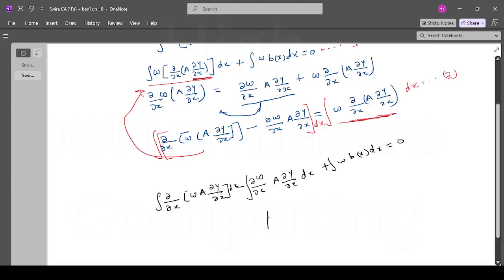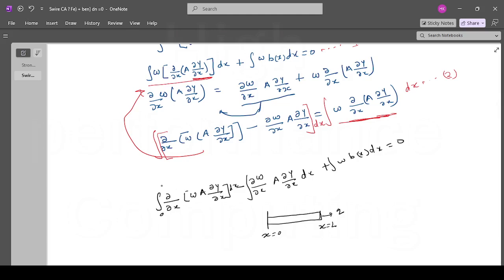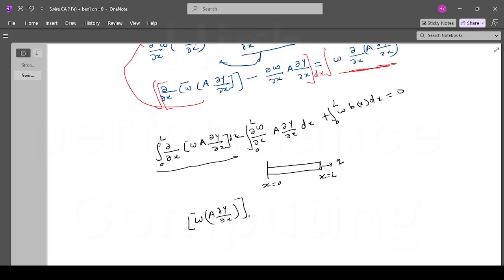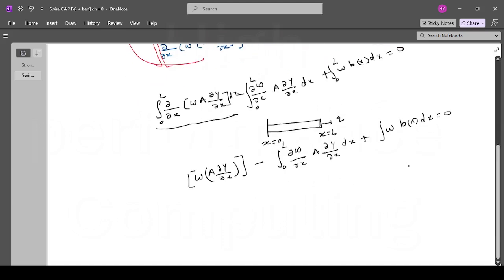Let's say there is a boundary condition I have told you, q, at x equal to 0 and x equal to L. So integrate from 0 to L. The integration of these terms will become omega a del y by del x, minus the integral from 0 to L of del omega by del x a del y by del x dx, plus the integral of omega bx dx equals 0. Here the limits are also 0 to L.